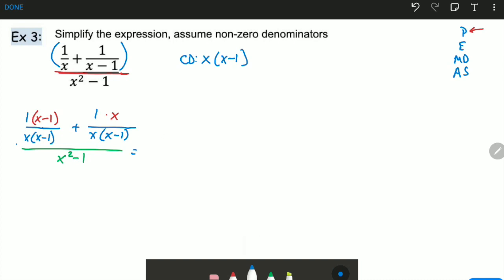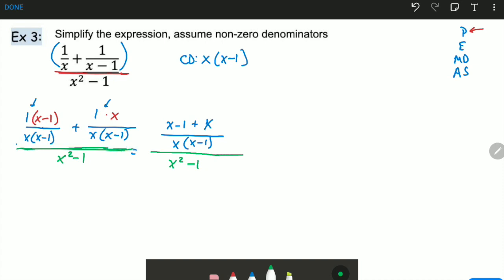I'll next write things as one fraction, and since it's multiplying by 1, and there's not two terms over here, I'm going to go ahead and actually do this multiplication this time. 1 times x minus 1 is just x minus 1, plus my 1x, or just x, from the other fraction, over my common denominator of x times x minus 1, over my x squared minus 1.